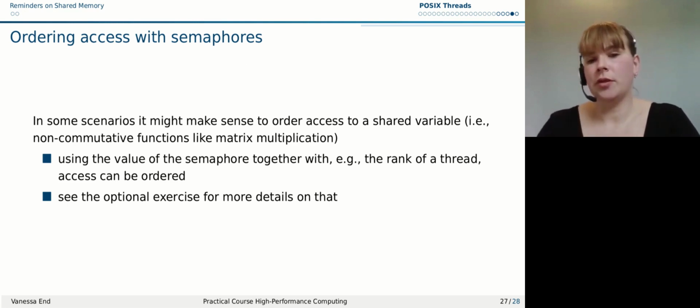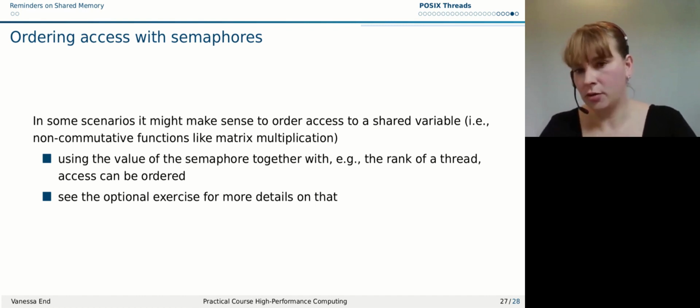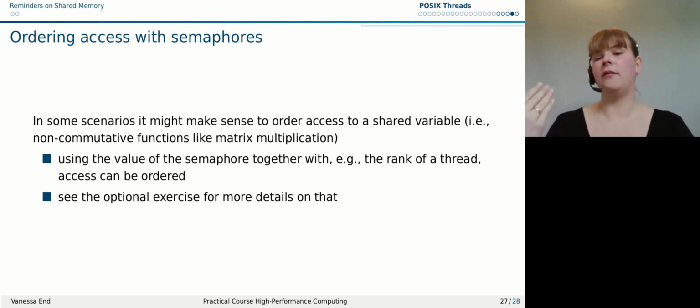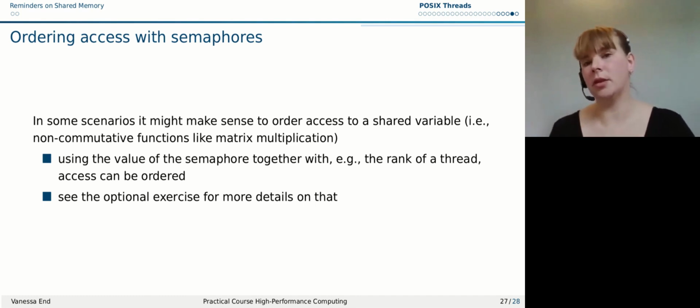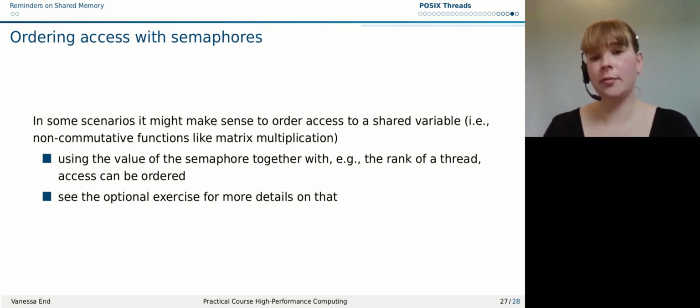You could use the value of the semaphore together with the rank of the thread to order this access. So you check the value of the semaphore, see if it has the same value as your rank, and if it does, you enter the critical section, you do your work, and then increment the value once you leave the critical section. This is something that you can do in the optional exercise, the last exercise on the exercise sheet.